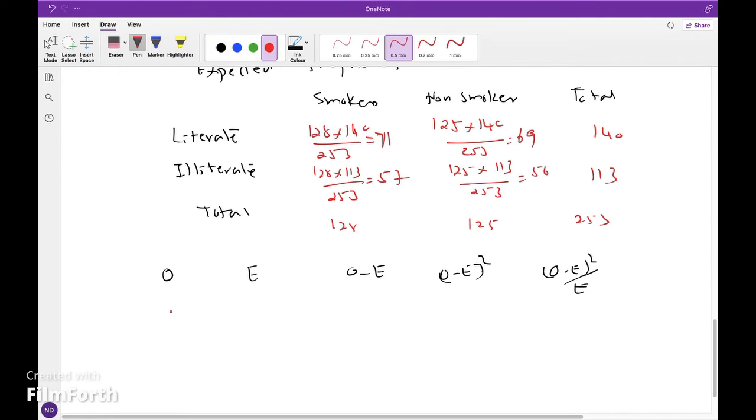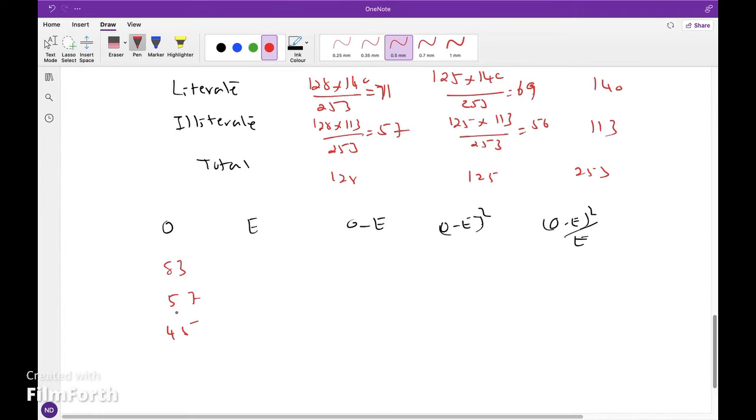Now observed frequencies 83, 57, 45 and 68. Expected frequencies 71, 69, 57 and 56. O minus E: 12, minus 12, minus 12, 12.